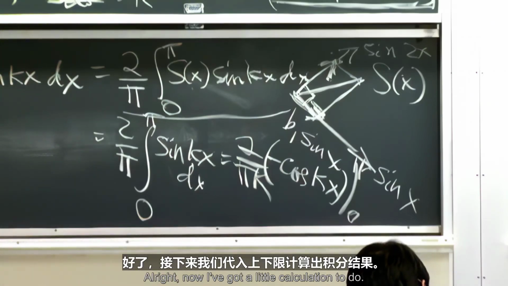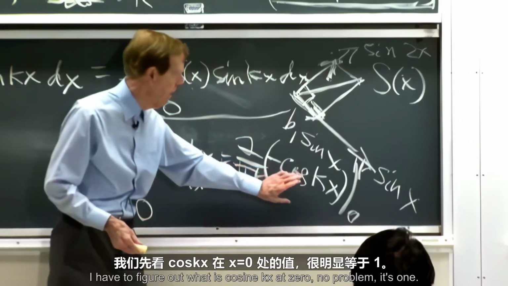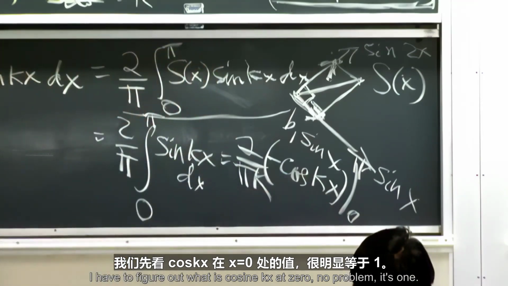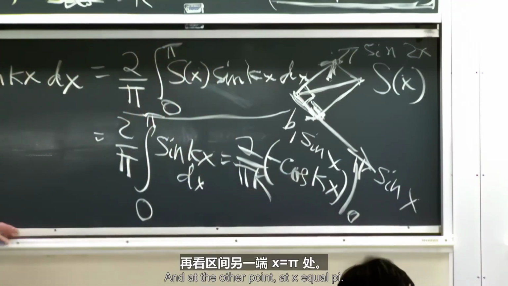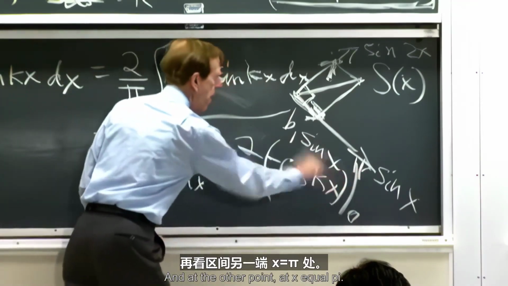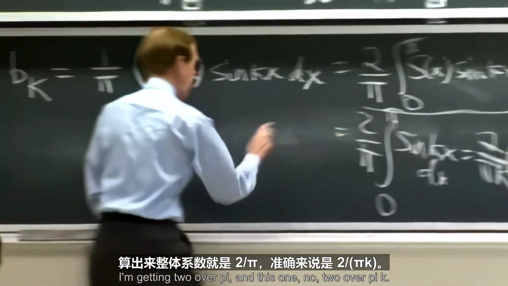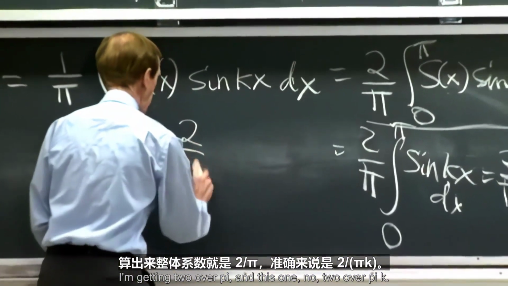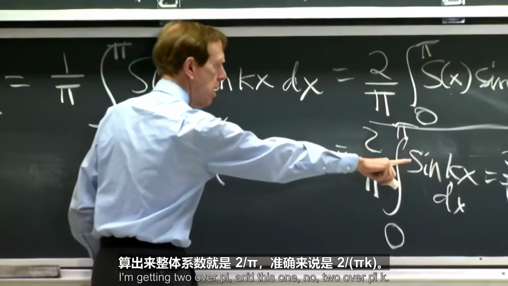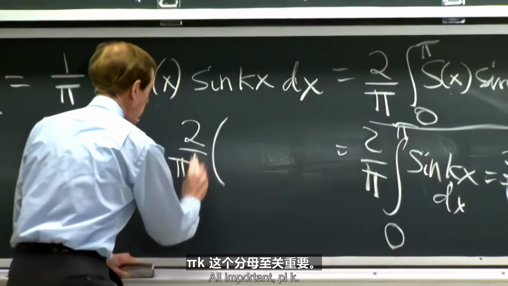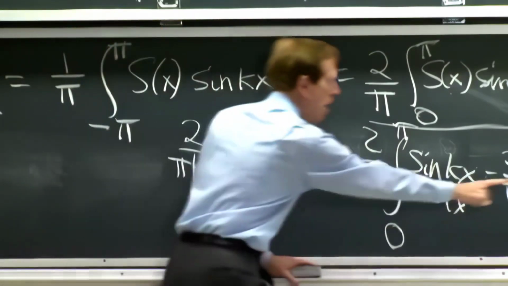All right, now I've got a little calculation to do. I have to figure out what is cosine kx. At 0, no problem, it's 1. And at the other point, at x equal pi. So what am I getting then? I'm getting 2 over pi k. All important, pi k.